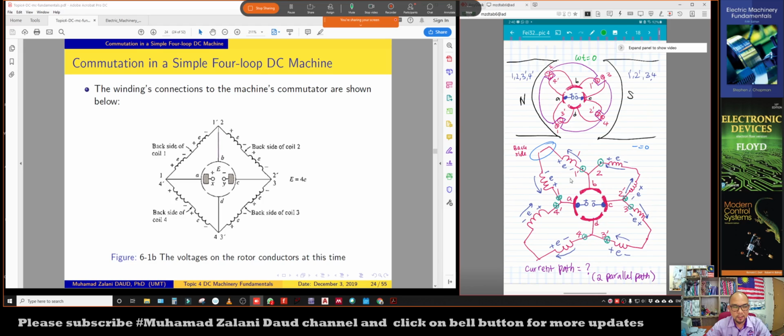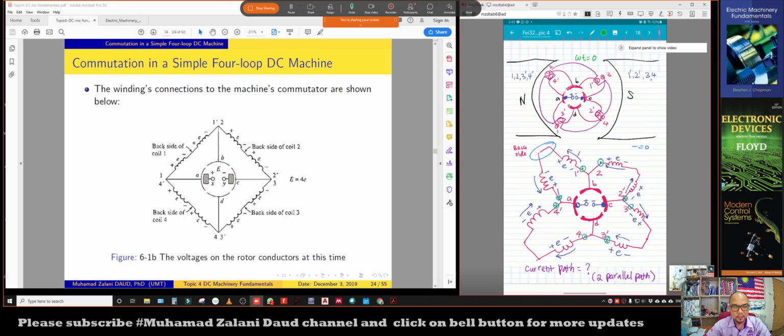For each of the segments A, B, C, and D, we have 1 prime entering the slot, going to the back side, and then out of the slot, back to the front side here.